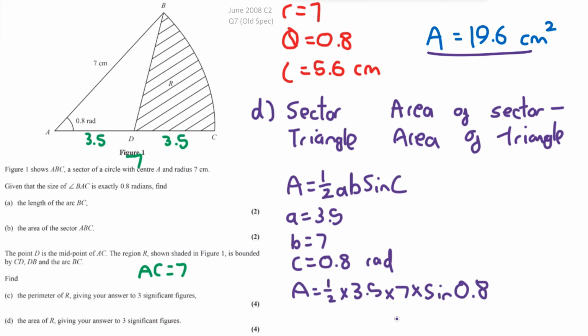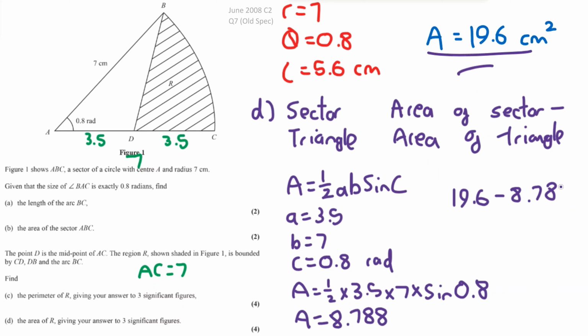Again, make sure your calculator is in radians, and therefore the area of the triangle, if you put it into a calculator, is equal to 8.788, and we can therefore figure out the area of R by doing the area of the sector, which is 19.6 up here, minus the area of the triangle, which is the 8.788.